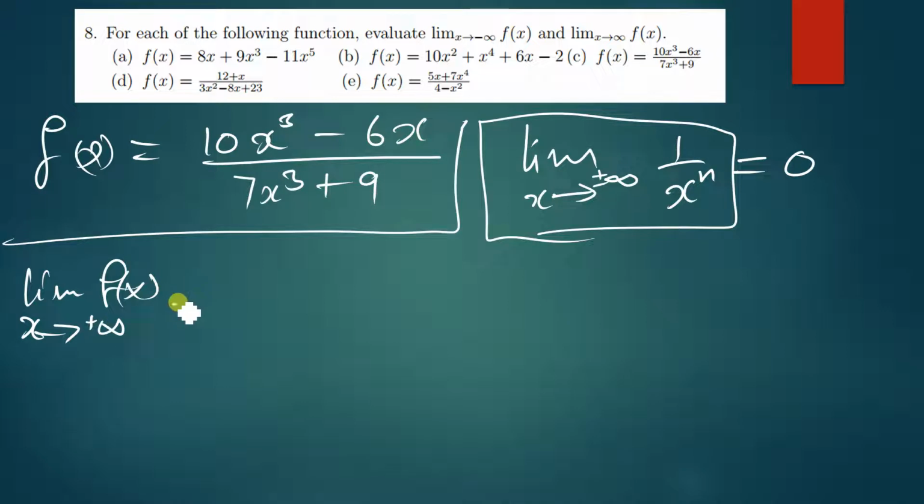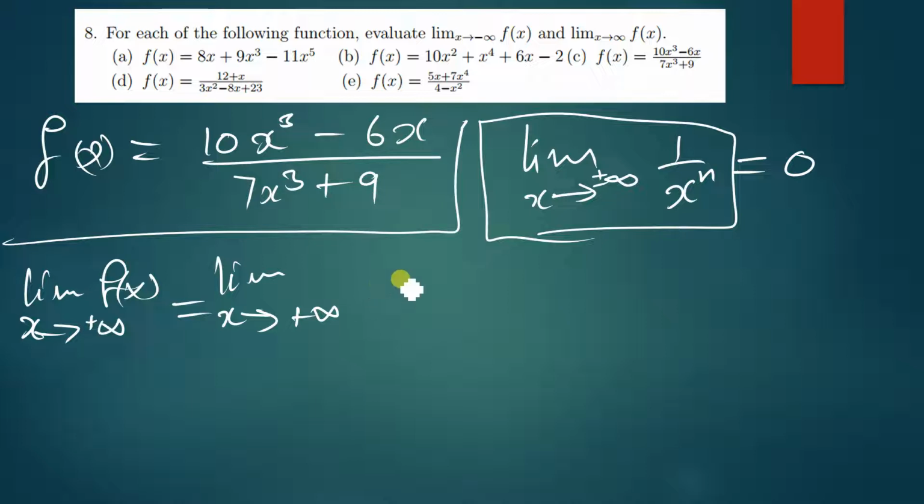So we say the limit as x is approaching positive infinity. I'm going to divide the whole function by the x value with the highest power. In this case, the highest power is x to the power 3.